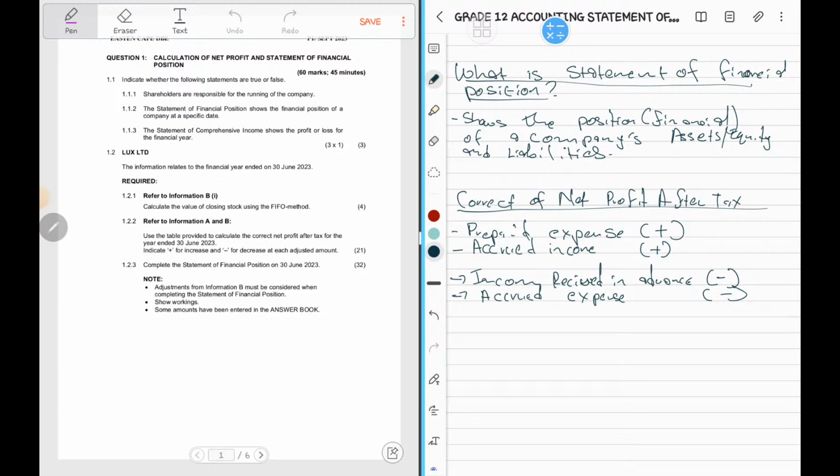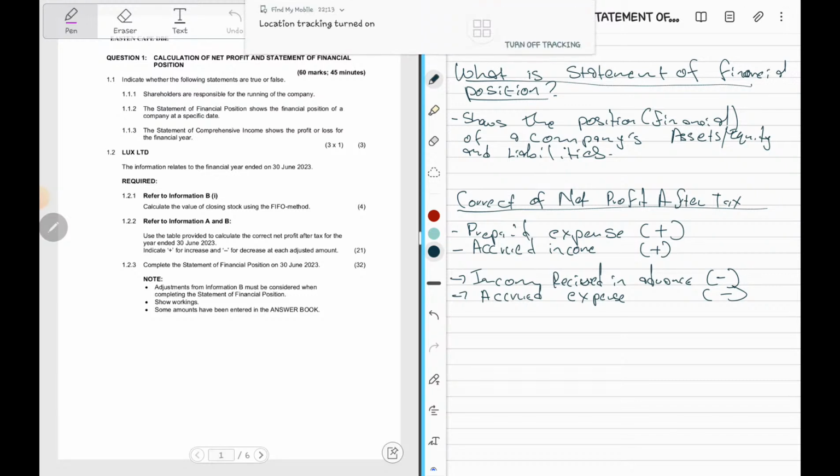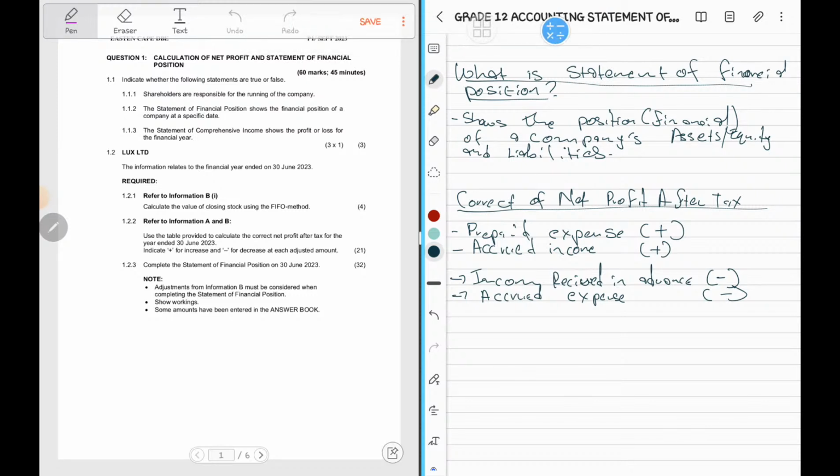So we're going to add back any prepaid expense, and we are also going to add back any accrued income. But when it comes to income received in advance, we're going to subtract it, and also the accrued expense.